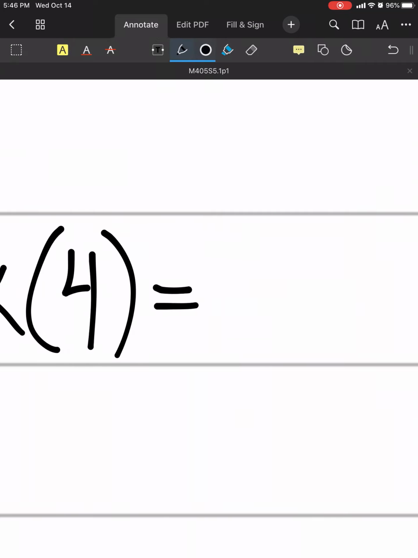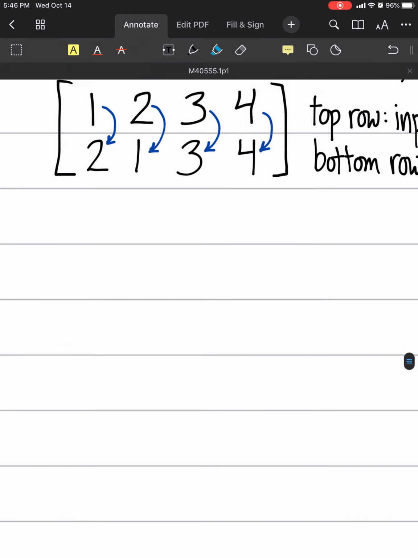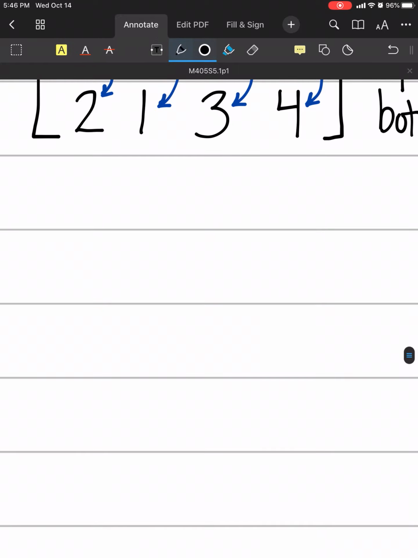In other words, what you're plugging in is your input, and what you're getting on the other side of the equal sign is the output. Let me set up another one and have you write it out.